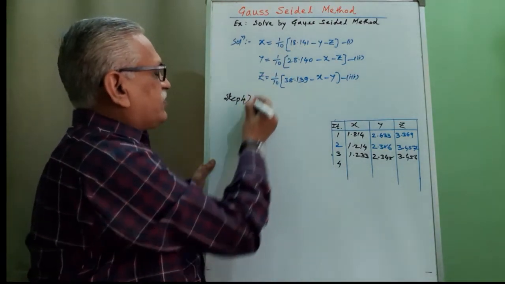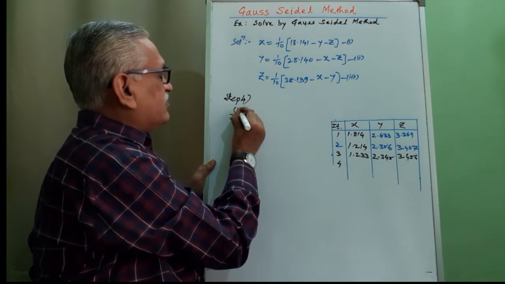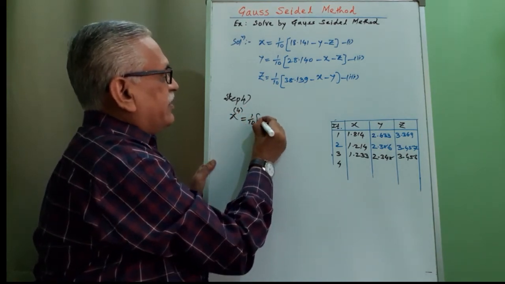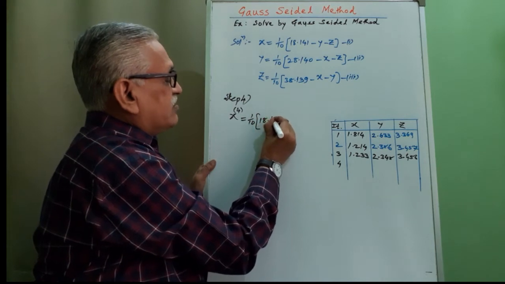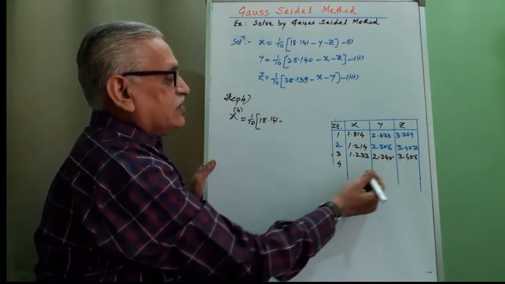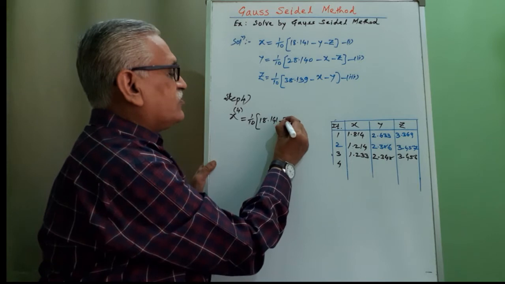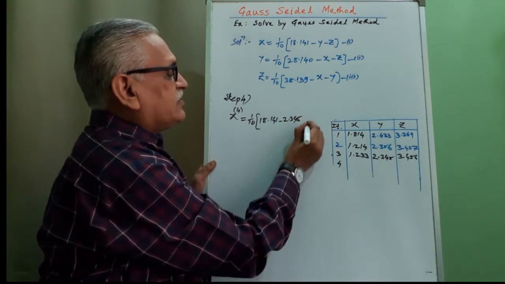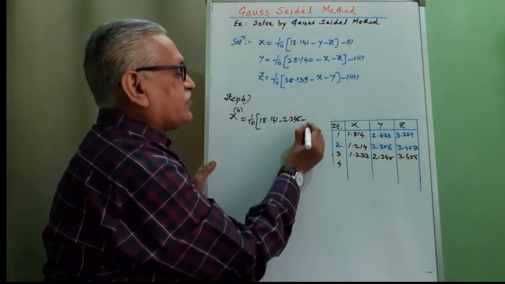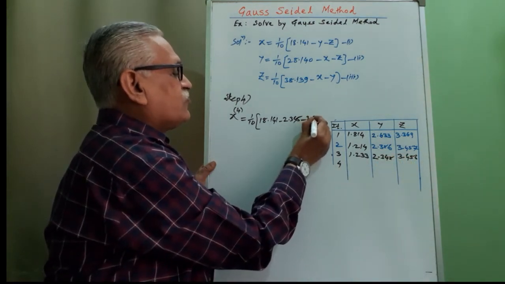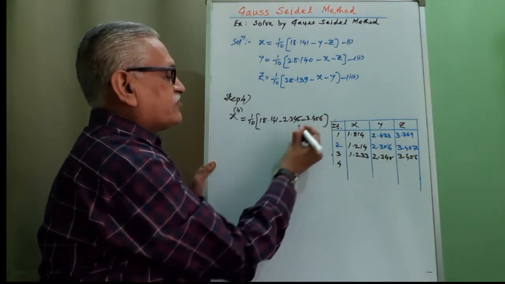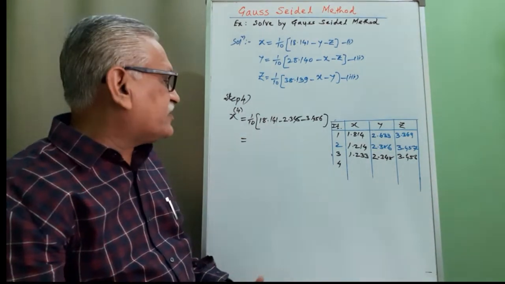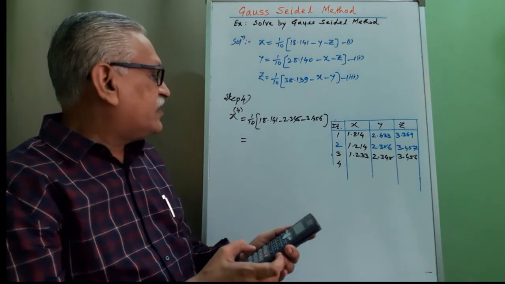Therefore, from equation 1 we get x4 as 1 by 10 times 18.141 minus y, which is 2.345, and minus z, which is 3.456.